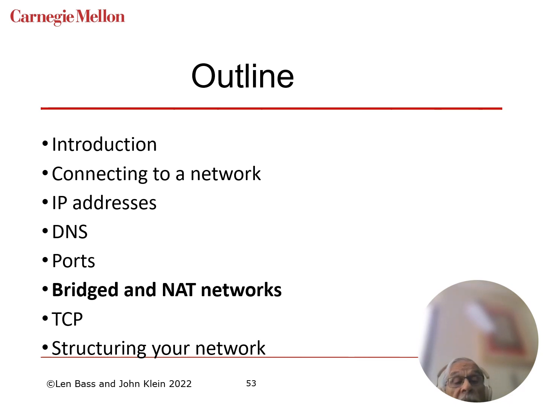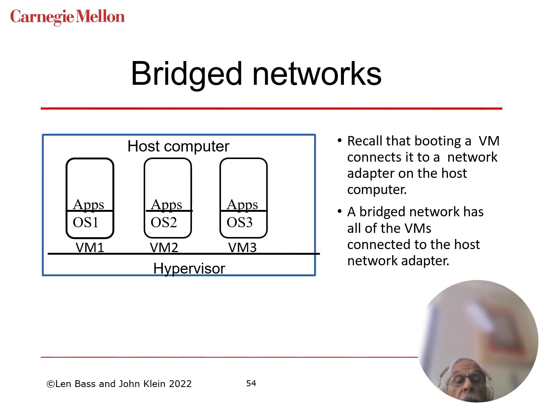Moving on to talk about bridged and NAT networks. So you have a virtual machine. It lives on a host computer, which has a hypervisor. Each virtual machine on that hypervisor has an IP address. On a bridge network, all those IP addresses are exposed.